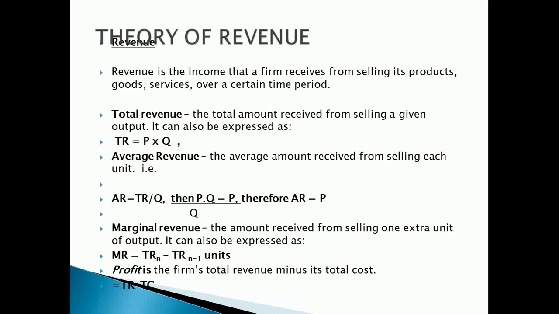Total revenue will continue to increase. The average revenue and marginal revenue will be the same as the price, and this will give us a horizontal line, which is a perfectly elastic demand curve. Now we can also see this on the next page.